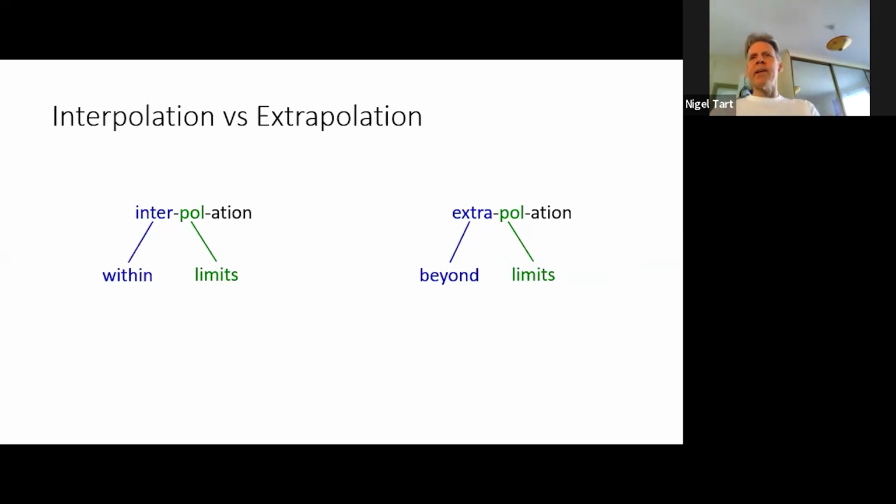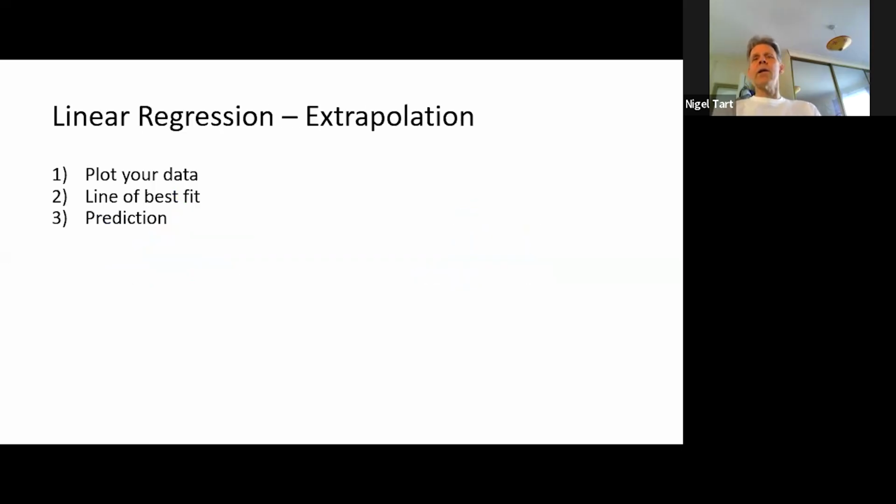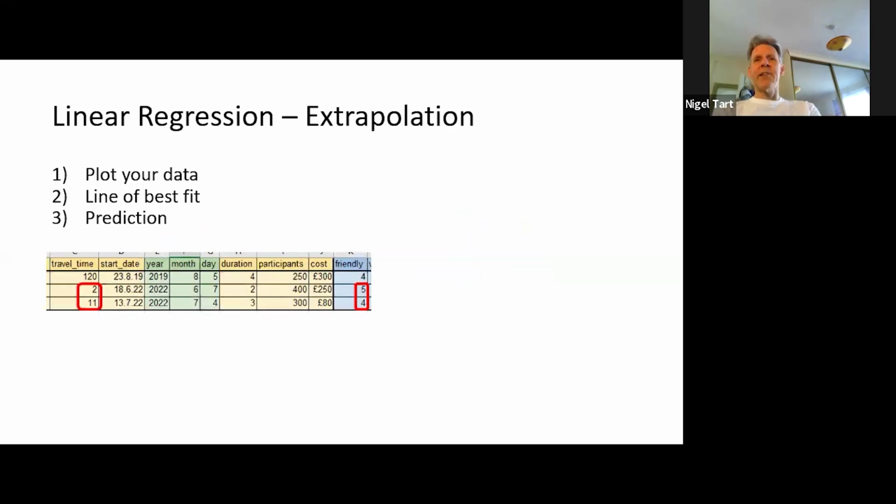The other type is extrapolation. It has a general meaning, but strictly speaking, it means going beyond the limits. So I'm going to show you now an example of making a prediction beyond the limits of the data we've got. Same steps, same data set, and I'm going to pick travel time, see if that can predict friendliness.